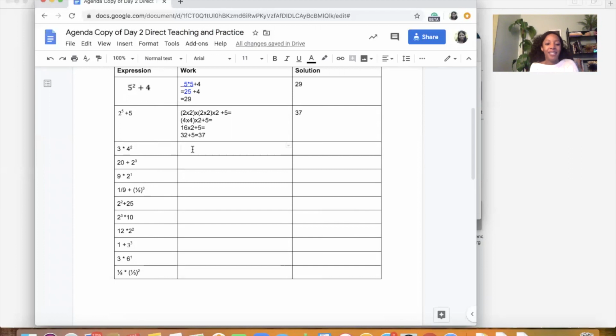All right. So next we have 3 times 4 squared. 4 squared can also be called 4 to the second power. They both mean that you're going to write 4 out 2 times, okay? Square numbers are really important, and that's why I'm putting these numbers into pairs.